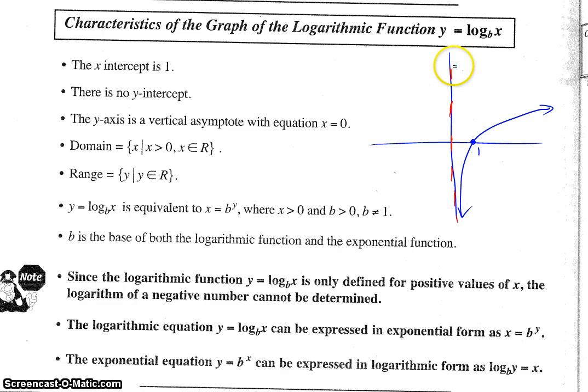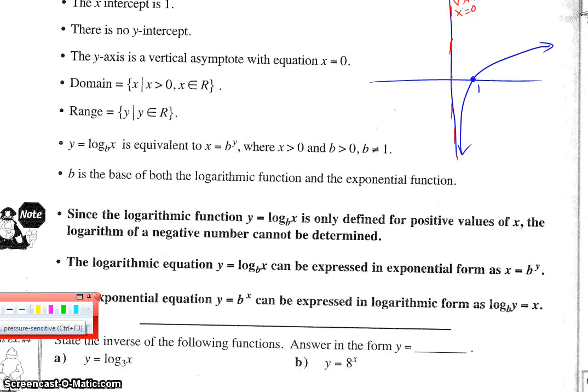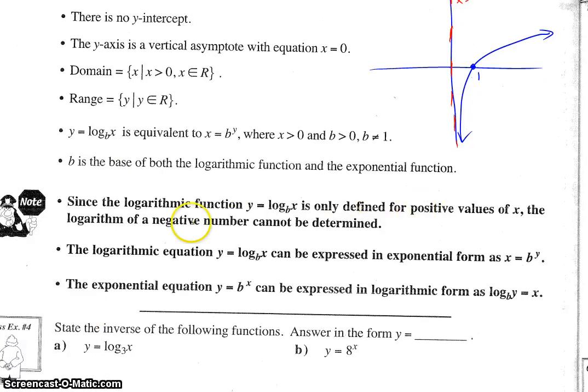So we actually have a vertical asymptote of x equals 0 here. Our domain, as you can tell from the graph, is x greater than 0, it doesn't cross 0, and y goes forever up and down, so that's our range. So we kind of summarize our characteristics. All right, just remember you can't log 0 or a negative number. Log base b of x is only defined for positive values of x.